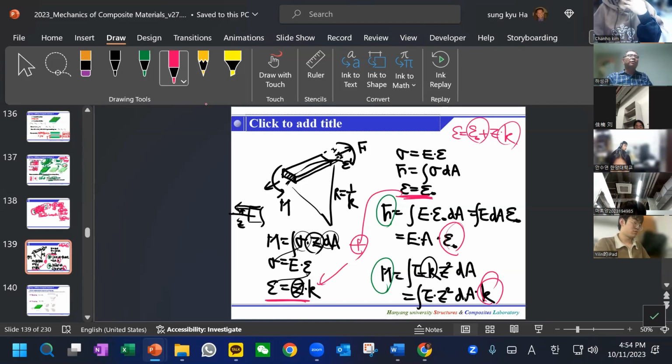So the flow is like this: this is the given load, and if we know this one and this one, we can calculate the epsilon 0 and k, and then we get this much strain, and once we know the strain, we can calculate the stress for each position. Okay, that is the flow.